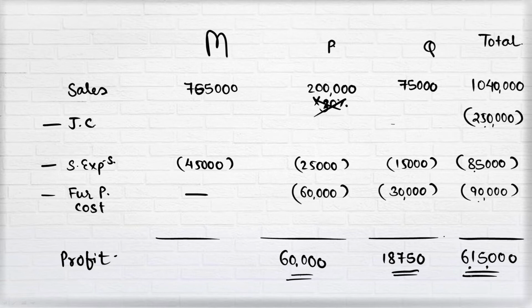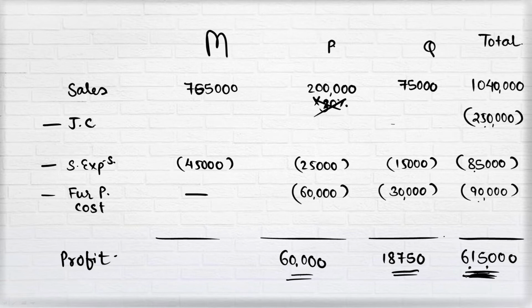In M, we have not written the joint cost. Yet I have not apportioned the joint cost.